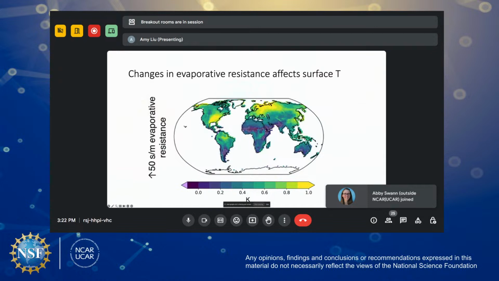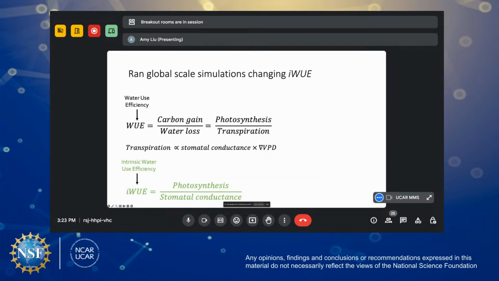We also know that plants can alter surface properties, and changes in surface properties can affect climate. This plot from Lague et al. 2019 shows that an increase in evaporative resistance can increase surface temperature. So it's pretty important to understand plants. Water use efficiency can be defined in a couple of different ways.